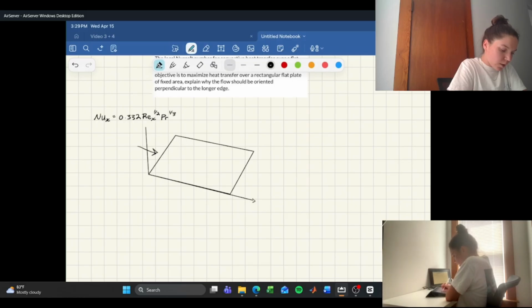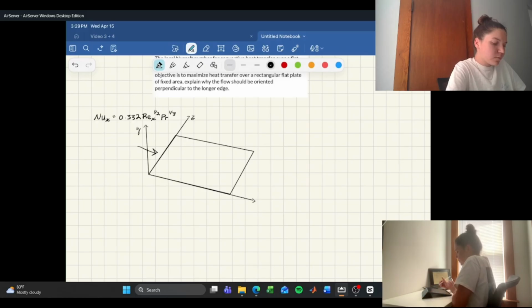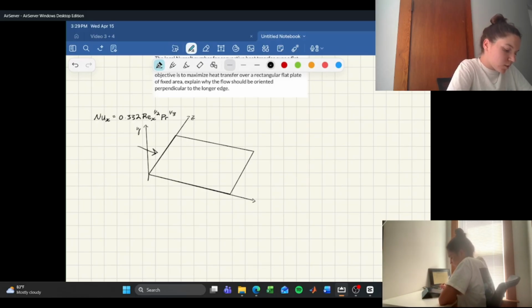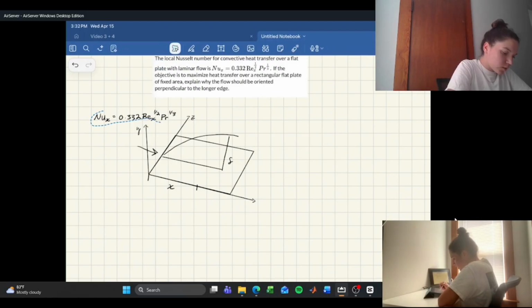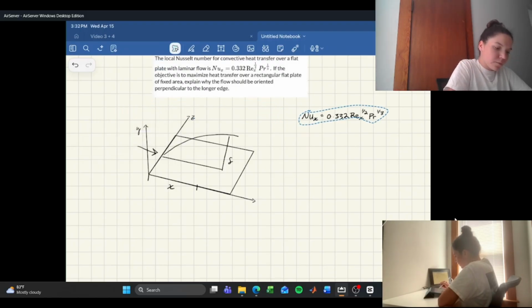This can be y, and then back here, this can be z. And this is a length in the x direction. And we're going to have a boundary layer here as well.